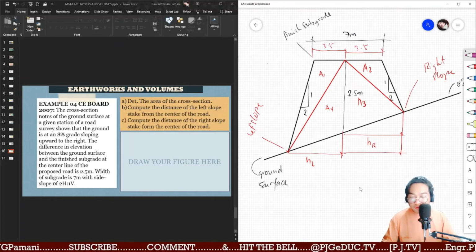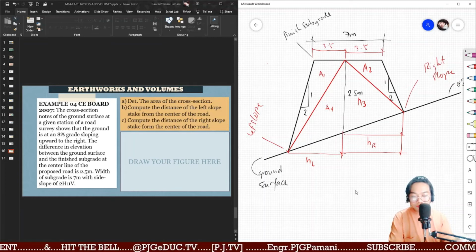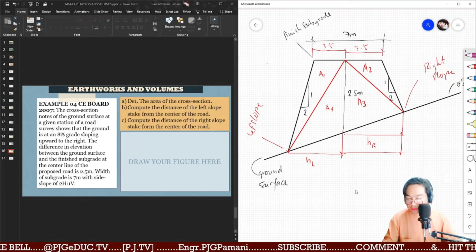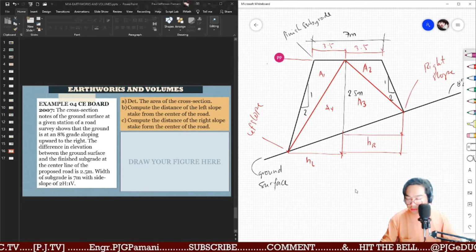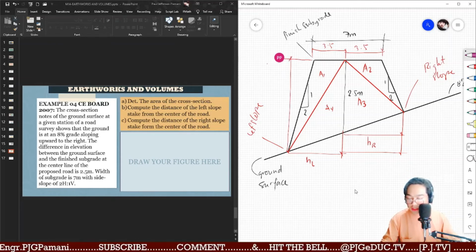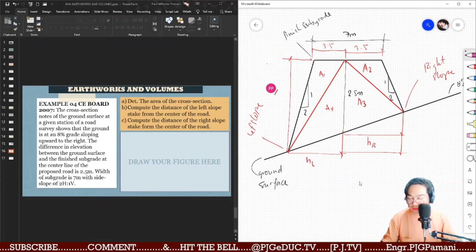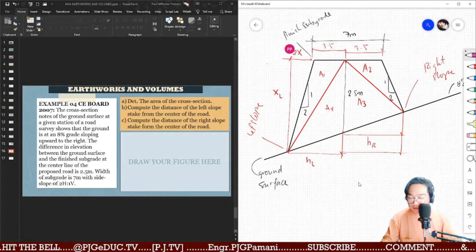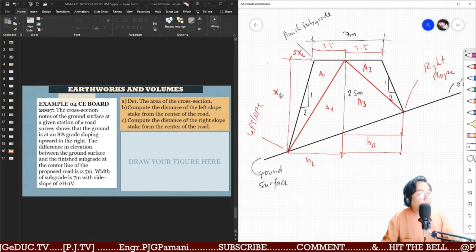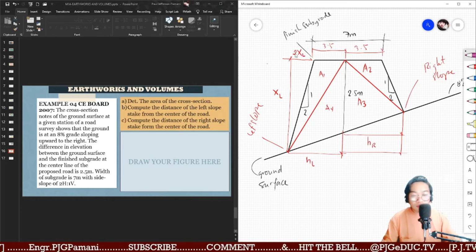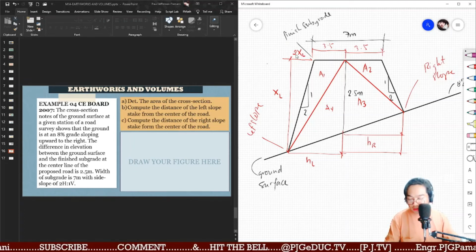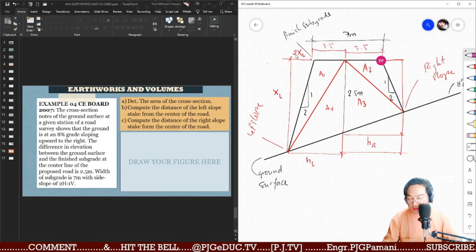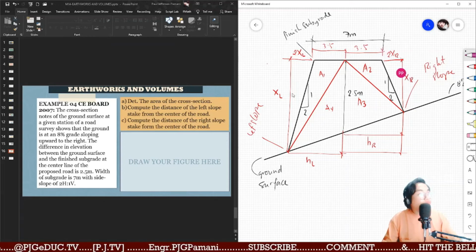Then for you to solve for the total section, kunin lang natin yung x left and x right. Ito yung x left vertical and x right horizontal. X left horizontal. Based on the slope, 1xl, 2xl. Then 2xr and 1xr. Triangle lang yan.